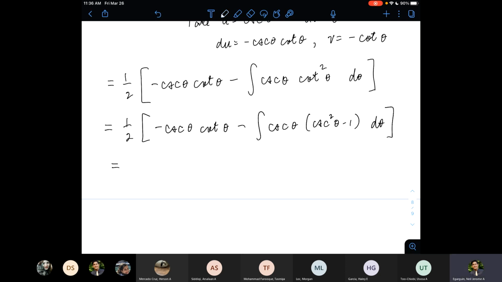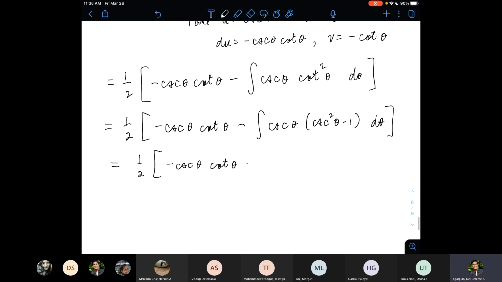Now I'm mixing up my derivatives, but good catch. Thank you. So here we'll have 1/2 negative cosecant theta cotangent theta, minus integral of cosecant cube theta d theta plus integral of cosecant theta d theta.